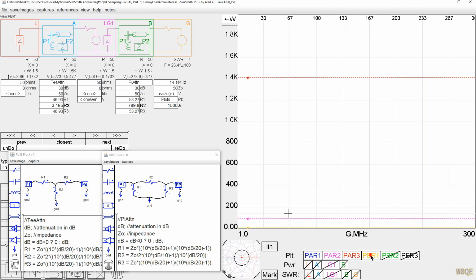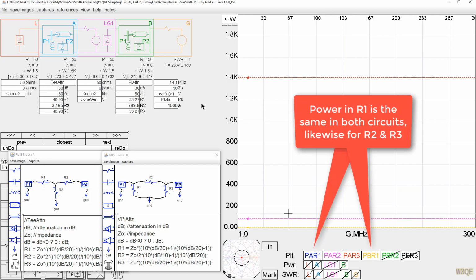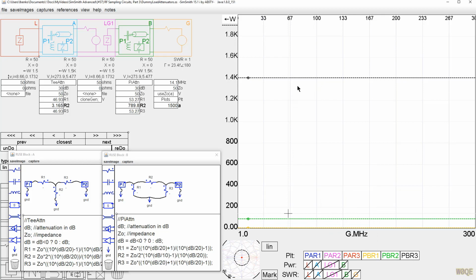So R1 in this circuit has the same power in it as R2 in this circuit does. R2, same thing again. R3, same thing again. Very, very interesting. Years ago, I figured that out, and I thought that was like the coolest thing. But nevertheless, this is the way attenuators work.